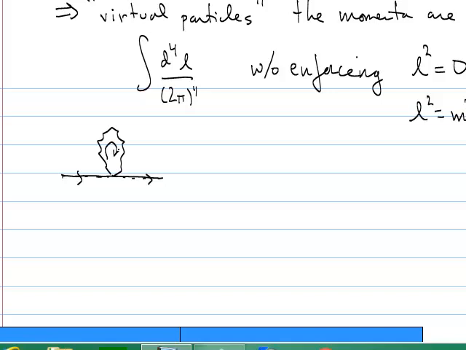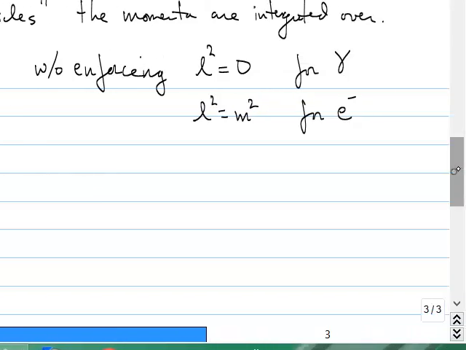And in particular, that photon does not have to be traveling at the speed of light. It's a virtual photon. L squared could be any number, and it will be integrated over. This is the basic idea of quantum mechanics, that virtual paths in the path integral that you integrate over don't solve the classical equations of motion. Are there any questions before we continue?